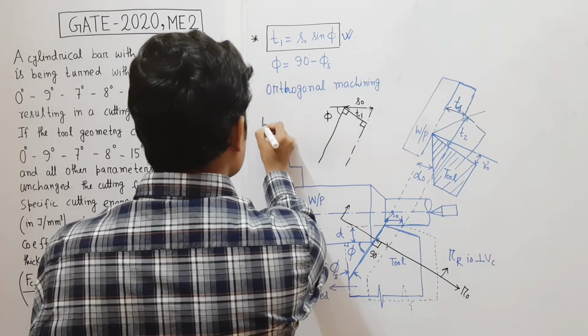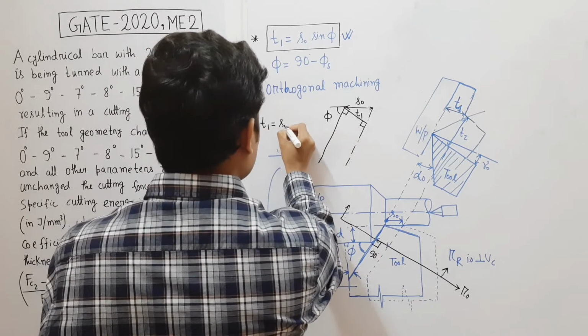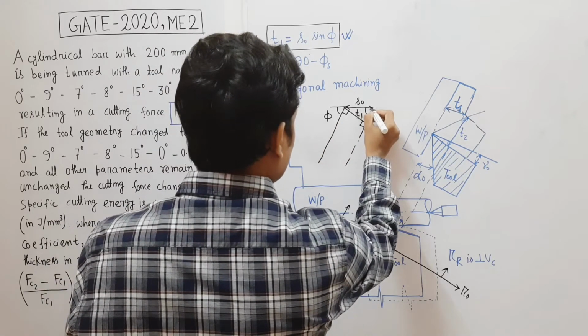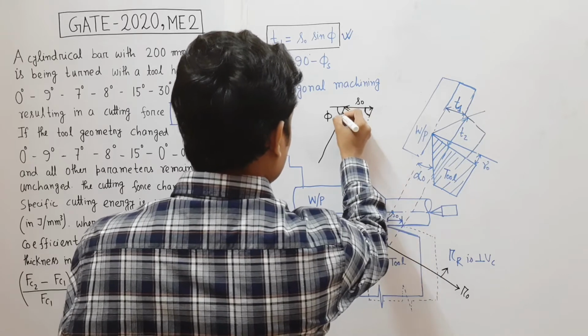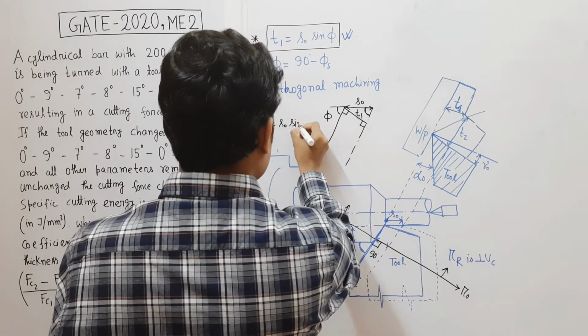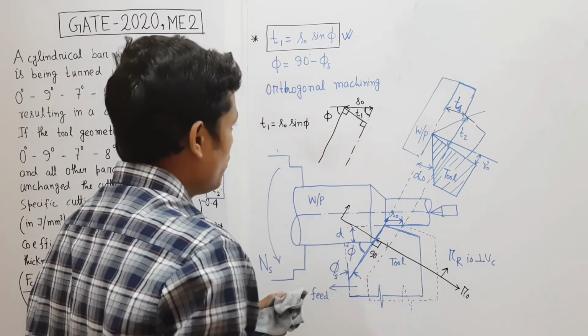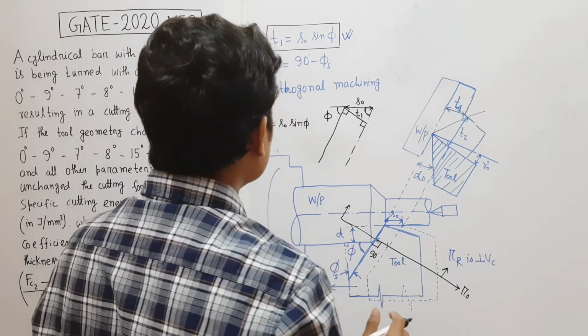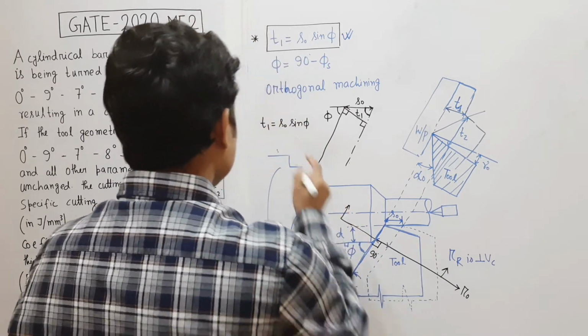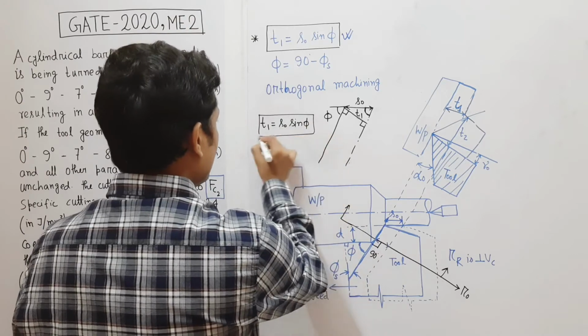So this T1 becomes S0 sin phi, as this angle is also phi. So when machining is orthogonal machining, then only T1 is S0 sin phi.